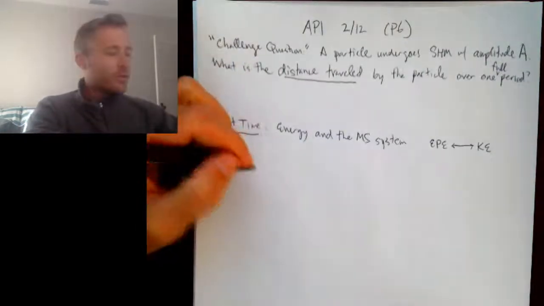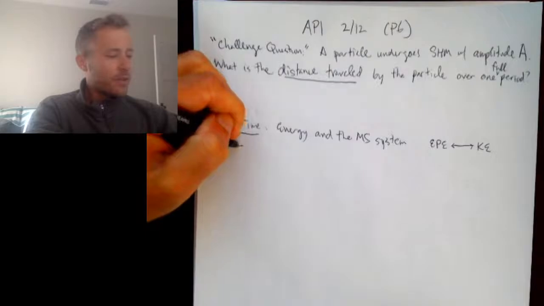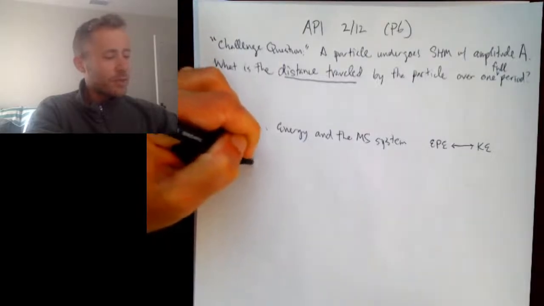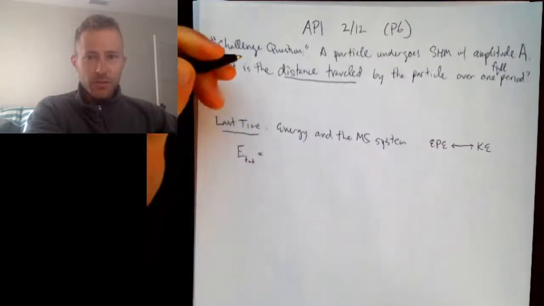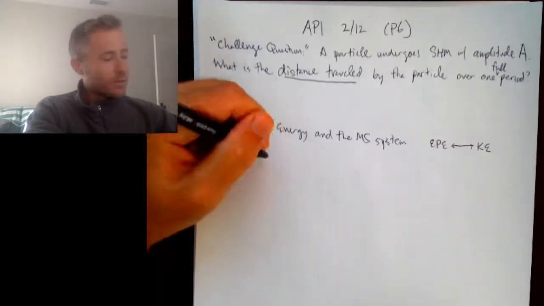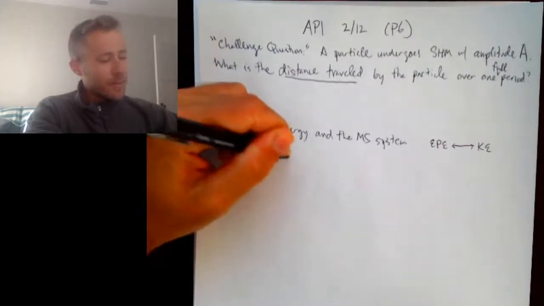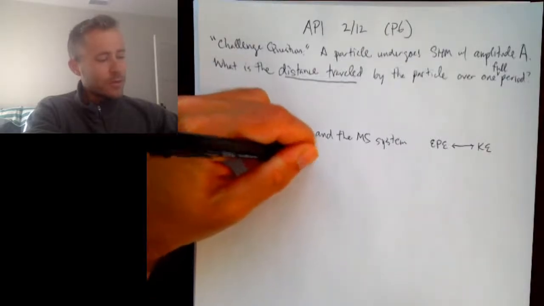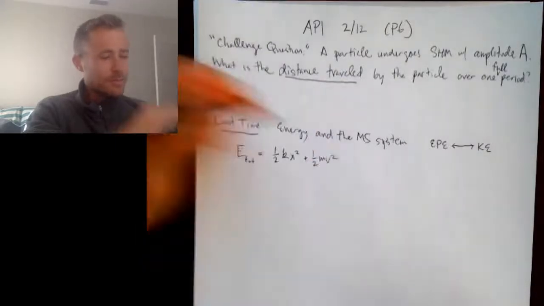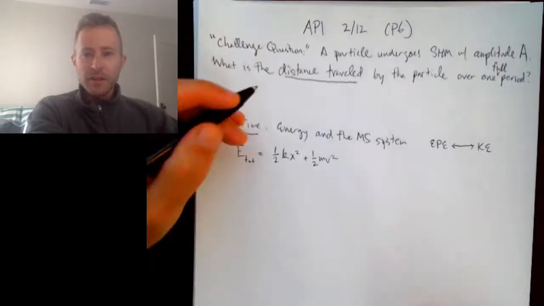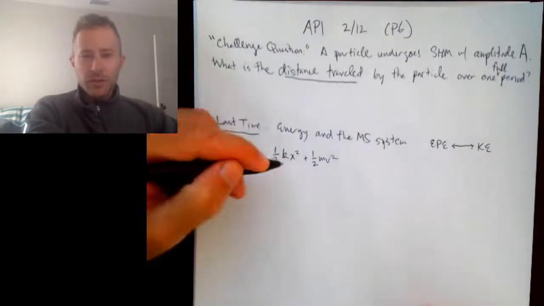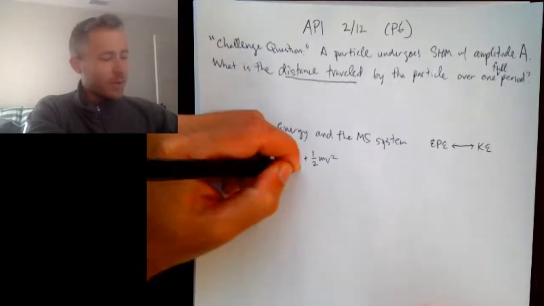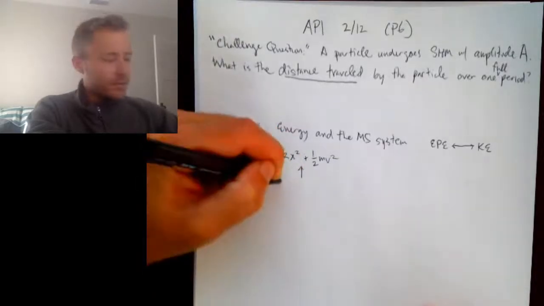Because it's an exchange between elastic potential and kinetic, the total energy of the system is potential energy plus the kinetic energy. All right. So this is the energy evaluated at any general point.